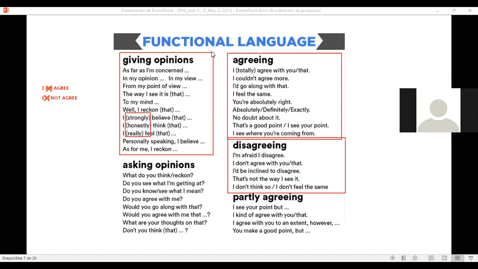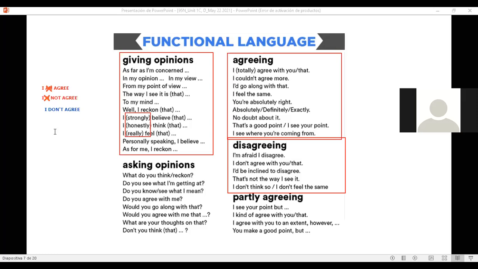Cuando ustedes quieren decir, por ejemplo, yo no estoy de acuerdo, miren que nosotros nos valemos del auxiliar. I don't agree. I don't agree. Pero no van a utilizar I am not. Okay? So forget about the verb to be when you're using this agree or disagree verb. ¿Sí? Y únicamente nos quedaría I agree or I don't agree.